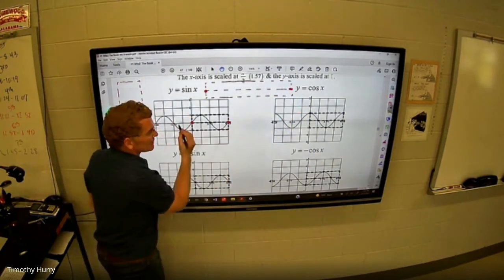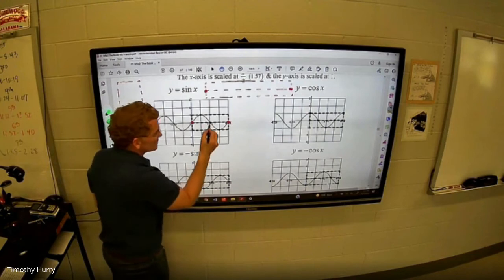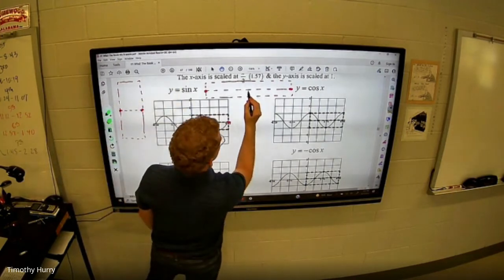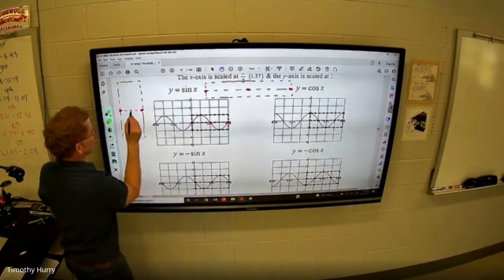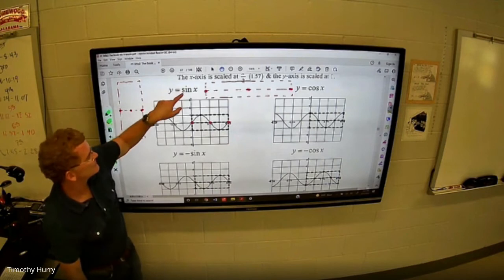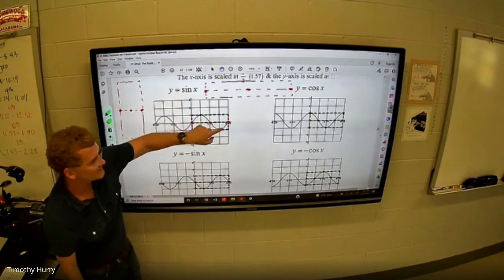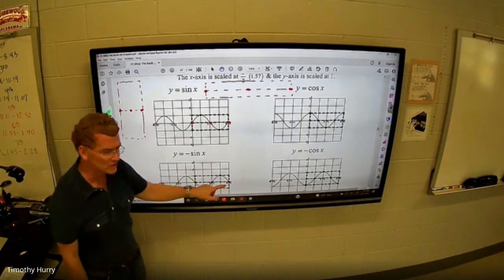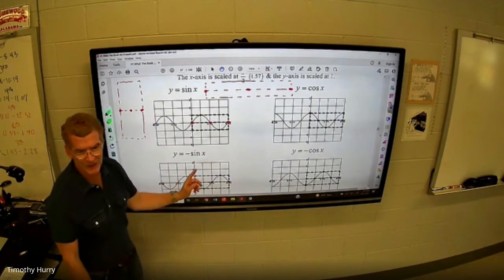In the middle of these 2 dots, it will always cross again. This is positive sine. So you'd find the middle. And then once you have the 3 dots, a positive sine will always bump up and then down. And if it's a negative sine, same 3 middle dots, but it bumps down and then up.